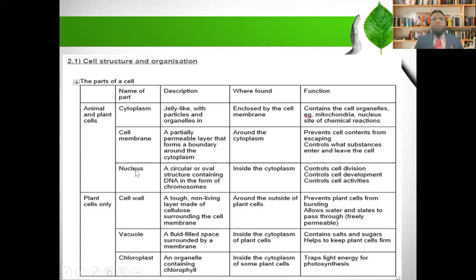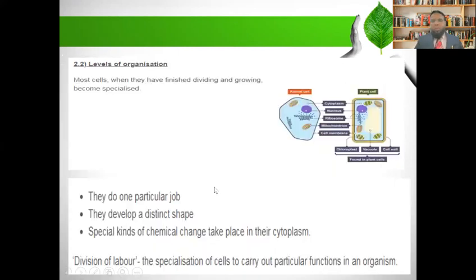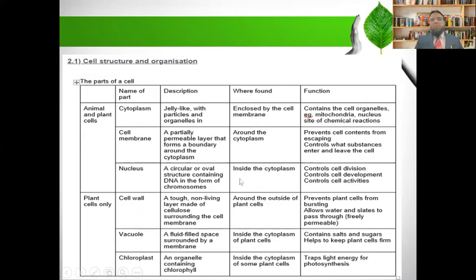Now the third one is the nucleus. What is the nucleus? A circular or oval structure containing DNA in the form of chromosomes. It is found inside the cytoplasm. And what is the function of the nucleus? It controls all the activities of the cell.